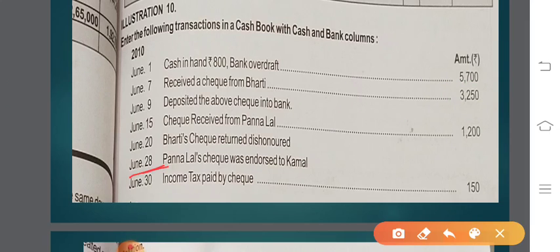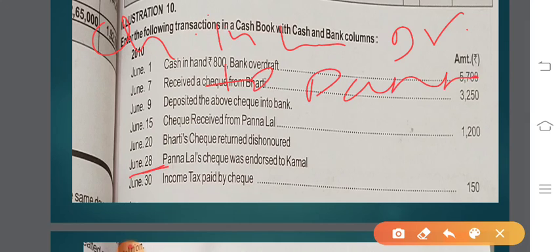Now what happened here? We received check. That means you people are aware of the entry that check in hand account debit to Pannalal, right? But now what is happening? On 28th of June, we endorse this check to Kamal.